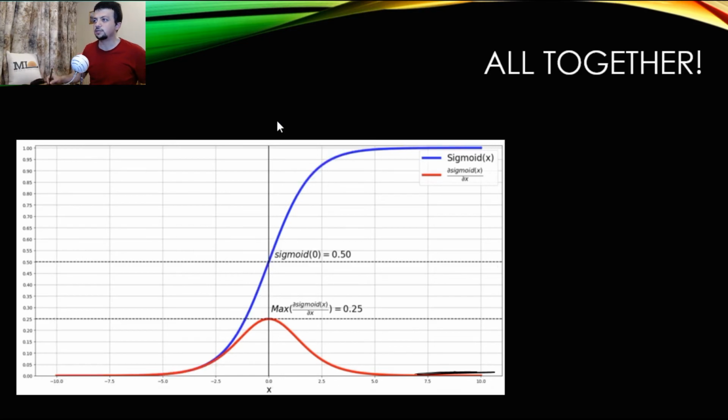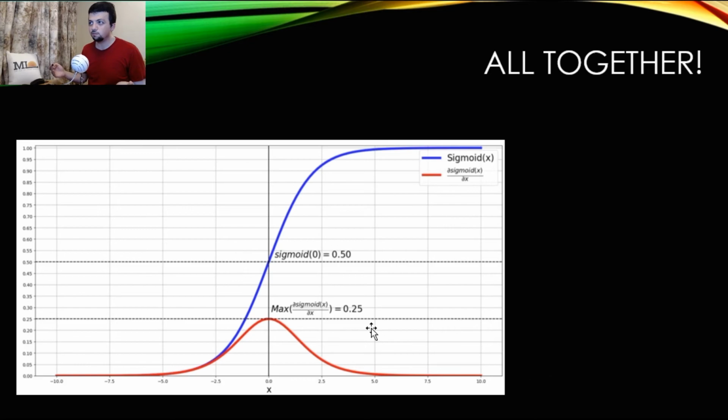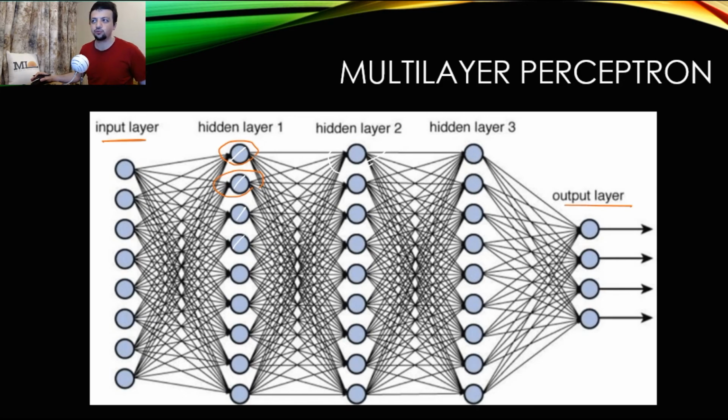So as you notice, the red curve exists everywhere, meaning that we have a gradient across our blue sigmoid curve across the board. There is a tangent line and there is a slope for that, right? And you very well notice that your sigmoid is actually a nonlinear function, which is one of the conditions that we want for the activation functions that we want to use in our multilayer perceptron, right?